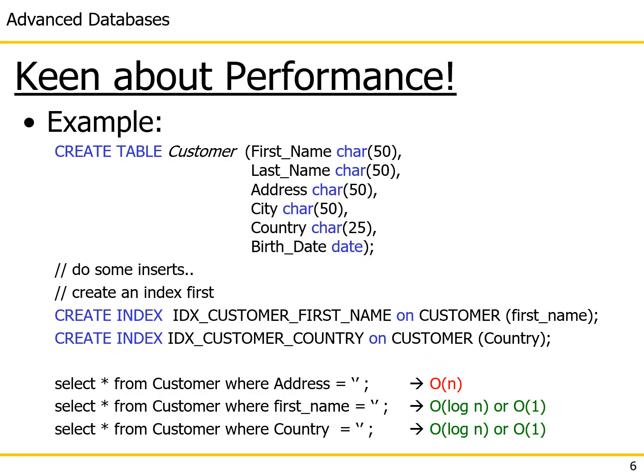And once you find the specific country you're searching for in the index, there will be a pointer beside each one of those country names that takes you directly to the specific rows in the table that have this specific country. So let's say you're looking for the country Egypt. You'd like to get all the customers whose country is Egypt.